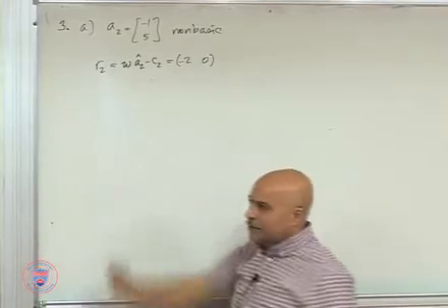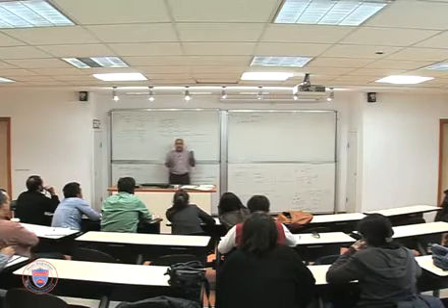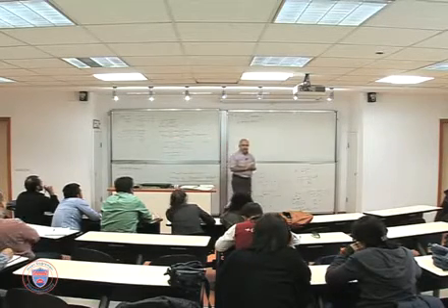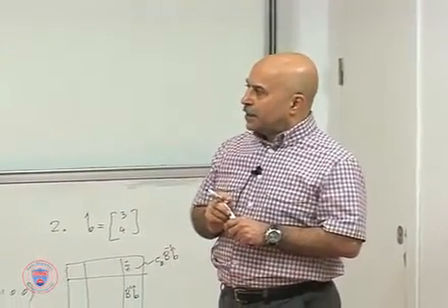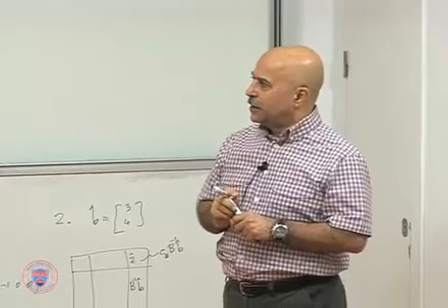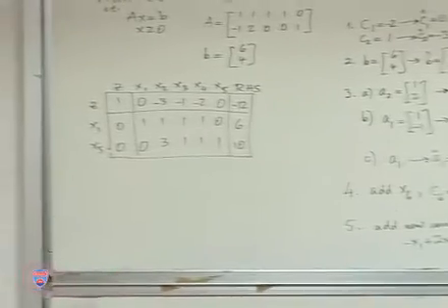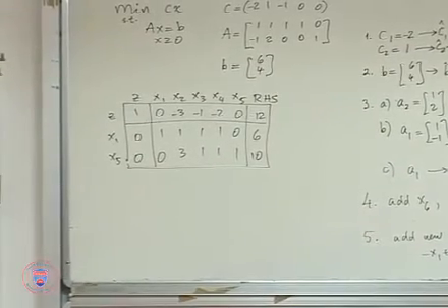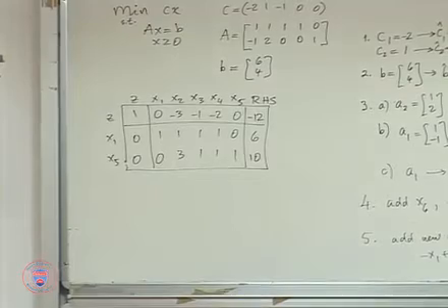How did I know that? Well, again, X4, X5 are the initial slack or initial basic variables. And for that reason, since they had zeros in the original cost vector, minus 2 and 0 gives you the W. Okay.